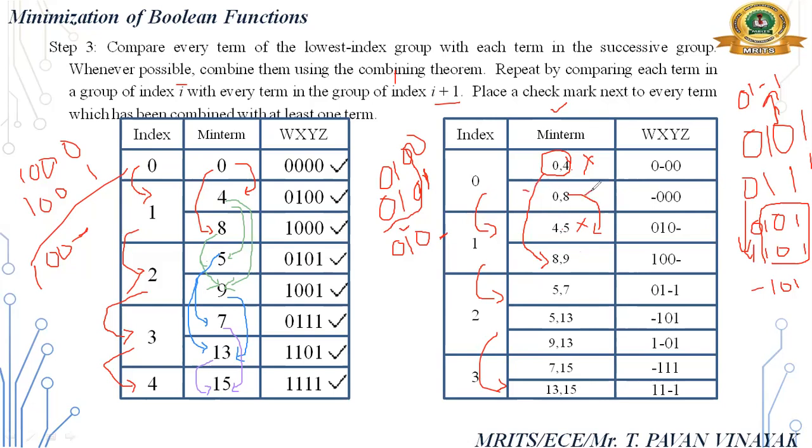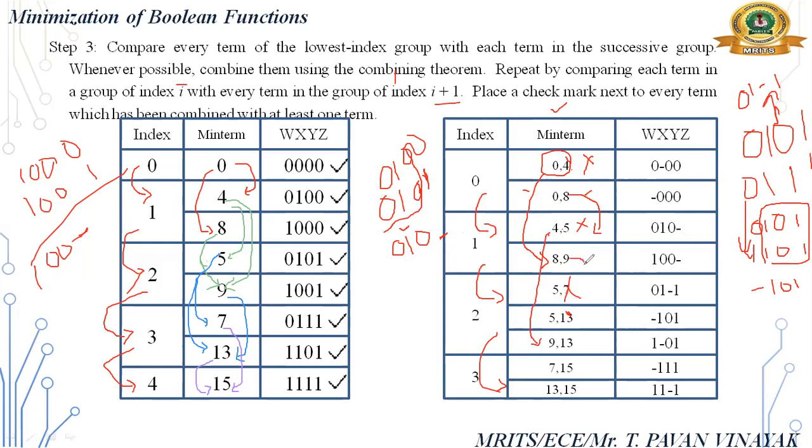Next 1 with 2. 4 5 is not possible to check with this one and this one. The only possible one is 4 5 with 9 13. Possible combination.